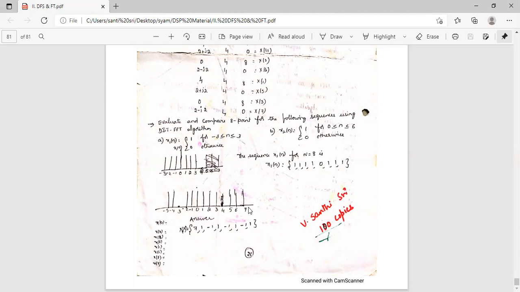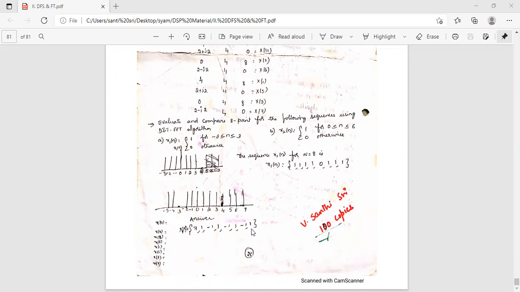You can solve this problem. This is a normal problem, not IDFT. This is DFT only. So by solving this, we will get the answers as x1 of n is like this one and x2 of n is this one.